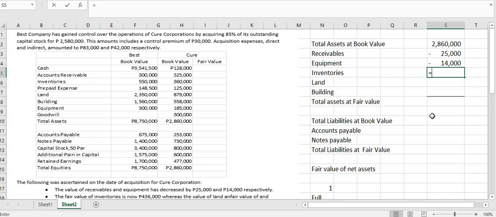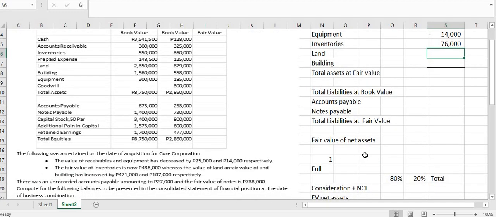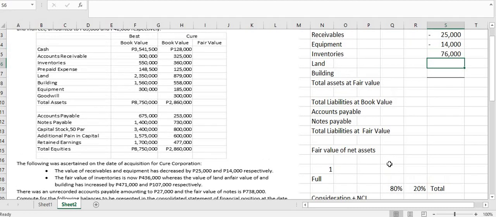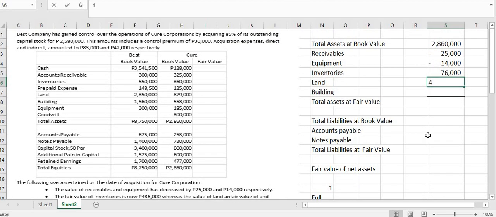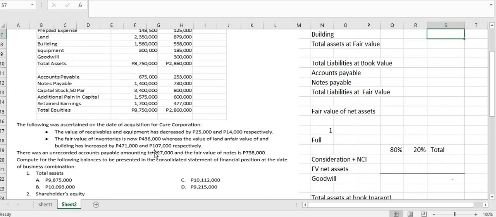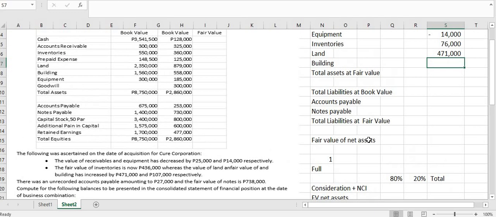We have 436,000 less 360,000. So undervalued siya by 76,000. So ang land natin and building had increased by 471,000 and 107,000 respectively.